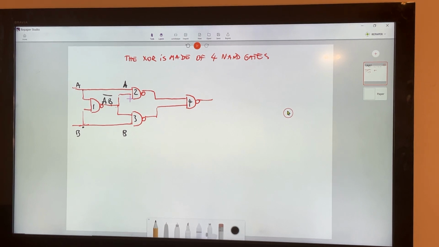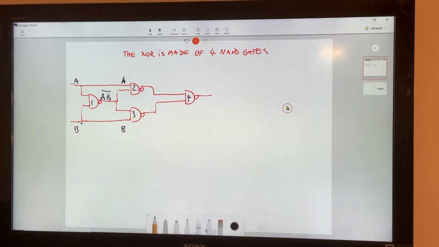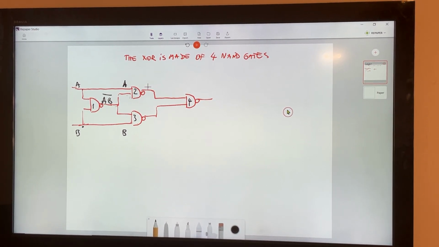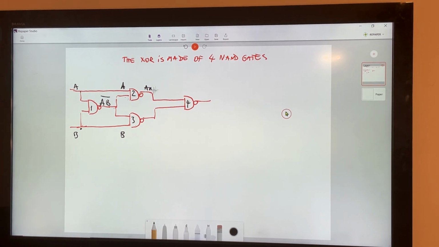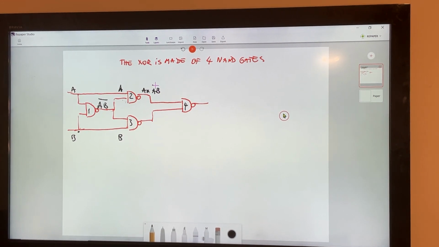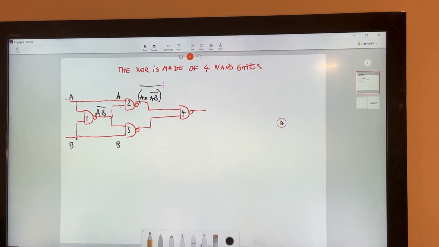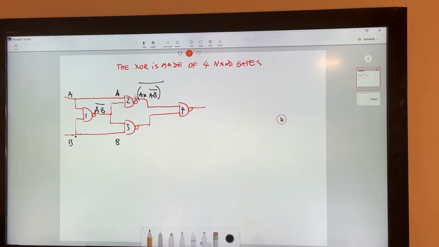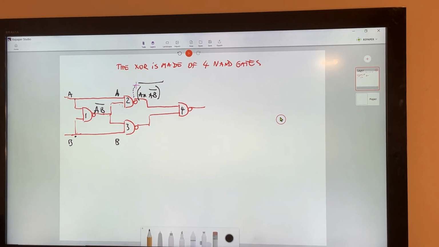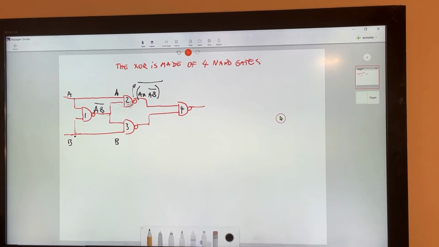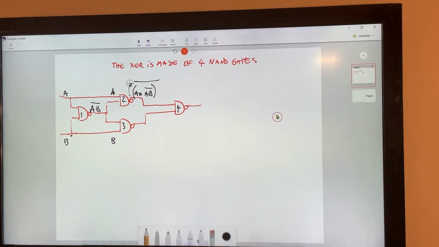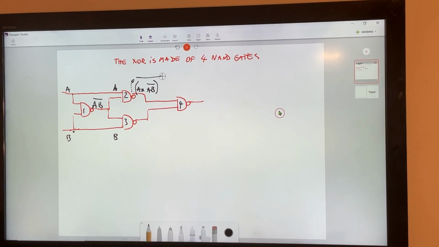So whatever is at each input, they are going to be multiplied like this, A times AB with the bar, and everything is going to receive a bar on top. Why? Because of this little bubble over here, which gives a big bar on top of everything.